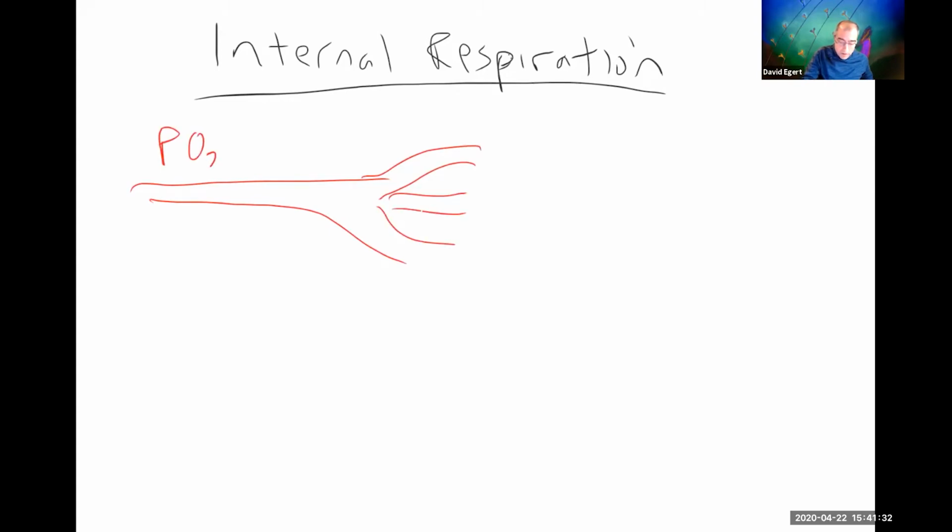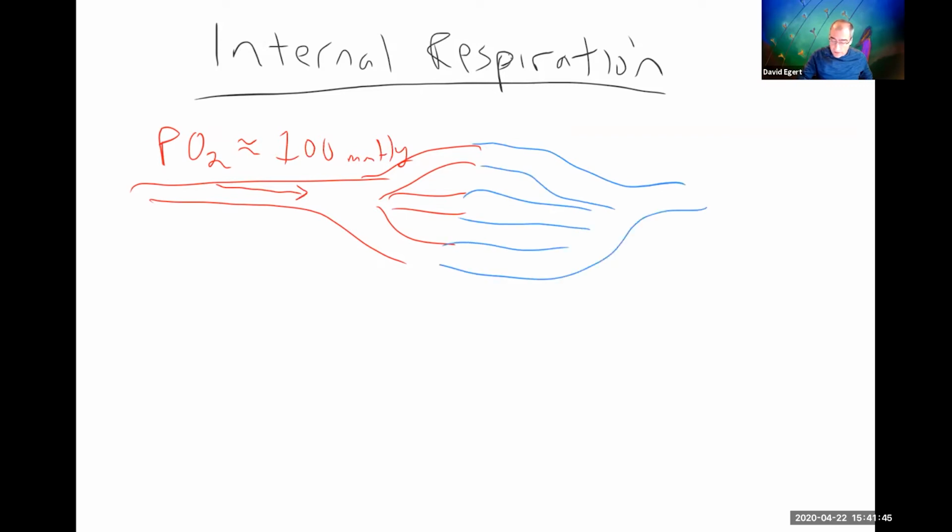The partial pressure of oxygen is around 100 millimeters of mercury as the blood enters into the tissues, and it's around 40 millimeters of mercury as it leaves the tissues, which are all your cells.